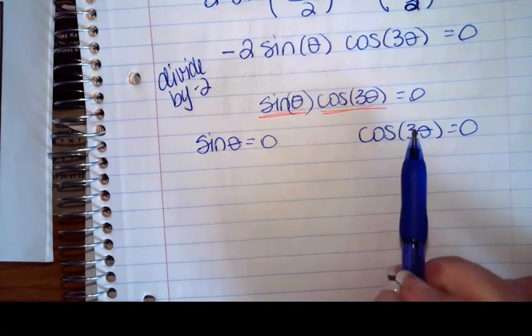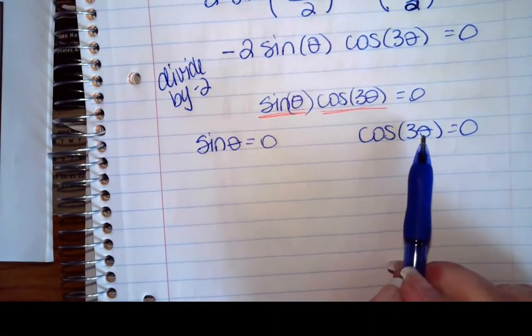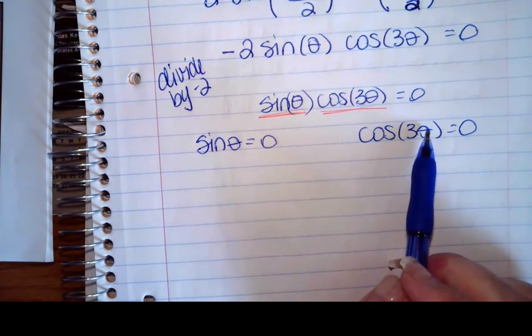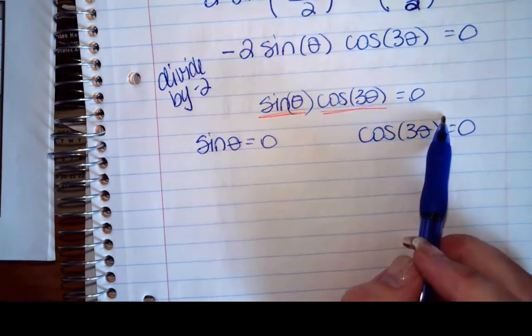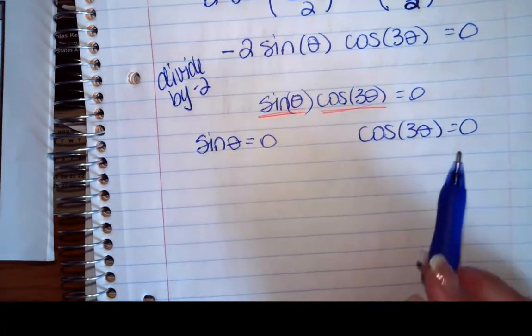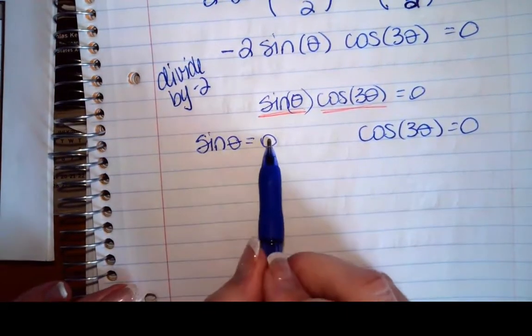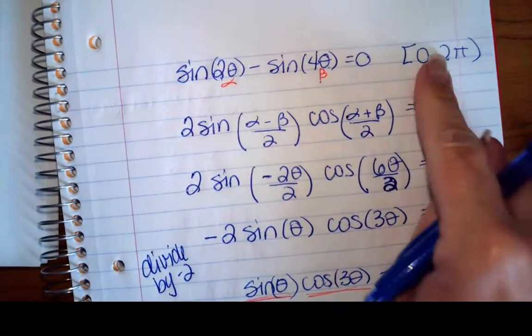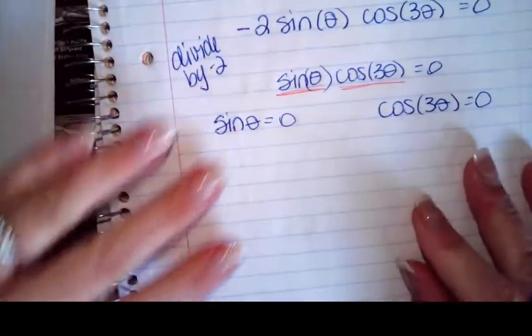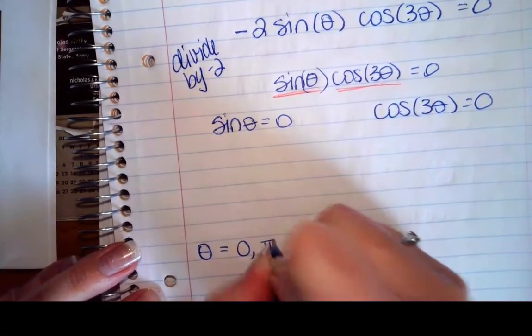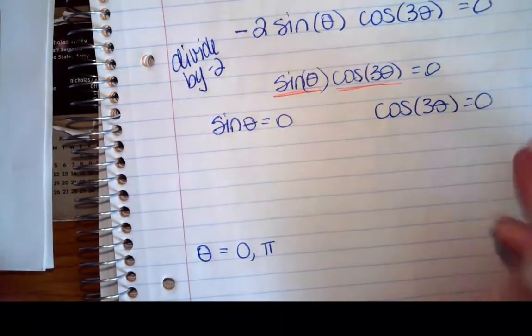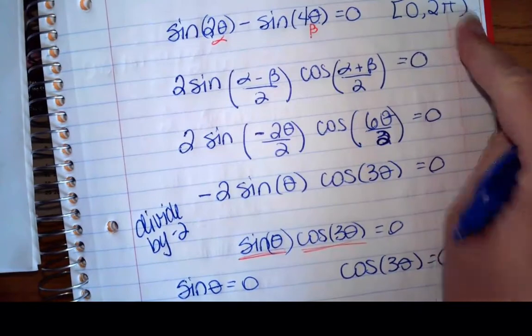So don't think you have to go into adding and subtracting and all that kind of mess. You know how to do this because we did it way back in, I don't know, 8.2, 8.3, somewhere in there. So where does sine equal 0 in one lap of the unit circle? Sine equals 0 in one lap of the unit circle at 0 and at pi, but not at 2 pi because we're not including 2 pi.